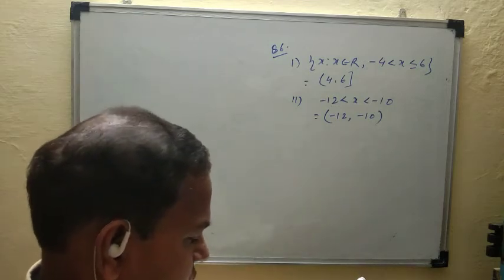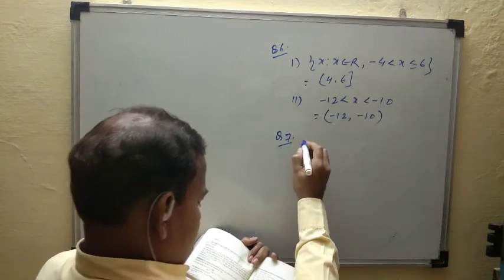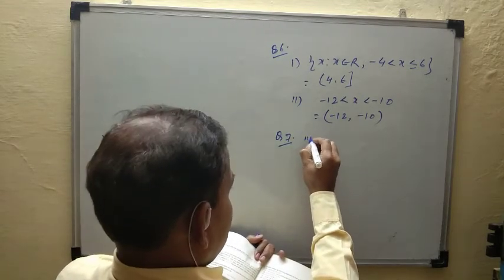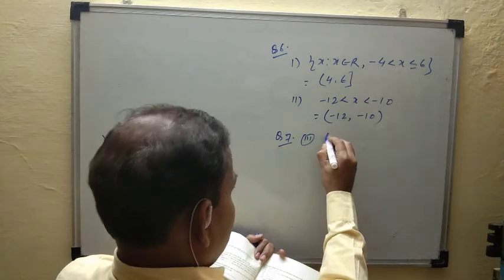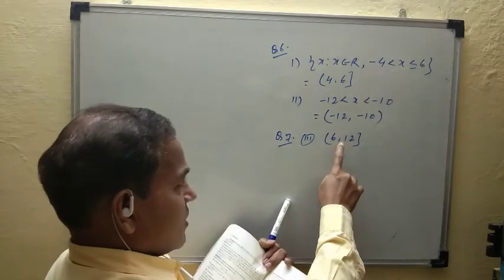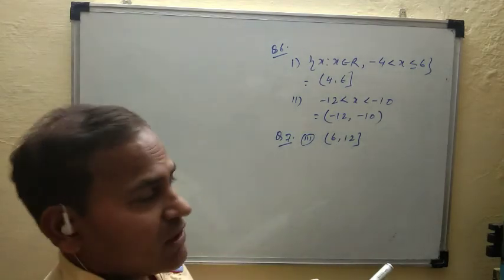And same as question number 7. Suppose the interval given is (6, 12]. This is the interval, and write it in the following set builder form.